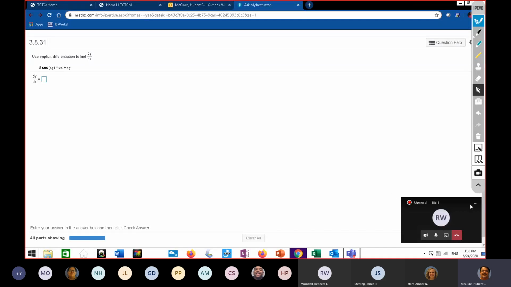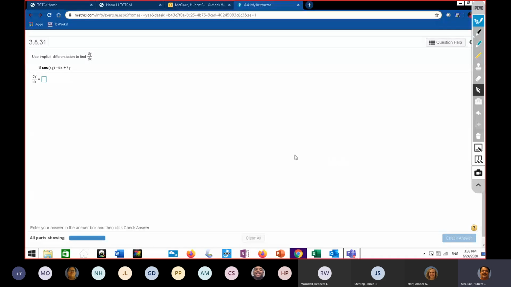Yeah, gives me more room. Okay, so use implicit differentiation. Now, this is a test question because not only is the calculus simple, it's also algebraically simple. So this is a simple question. So everybody should get this one.